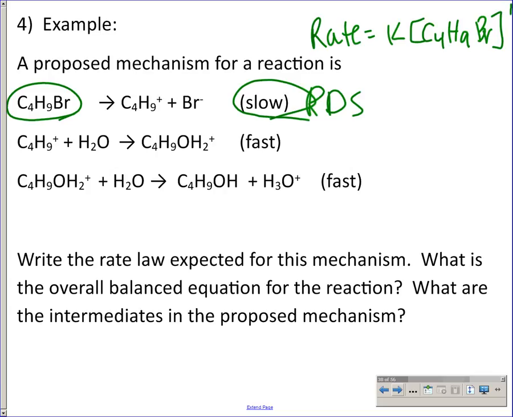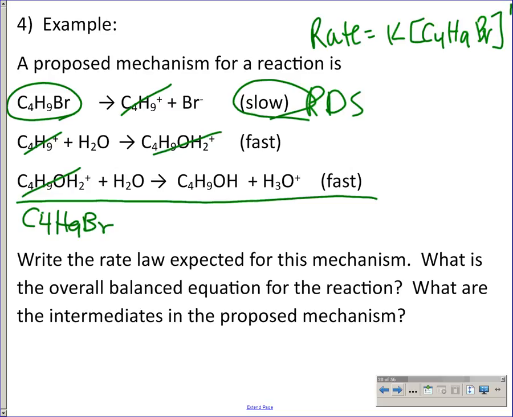What's the overall balanced equation for this reaction? What do I cancel? The C4H9 cation can cancel here, and then the C4H9OH. Anything else? Nope. That's it. So pull everything down. What's present? C4H9Br plus 2H2O yields Br minus and that thing.